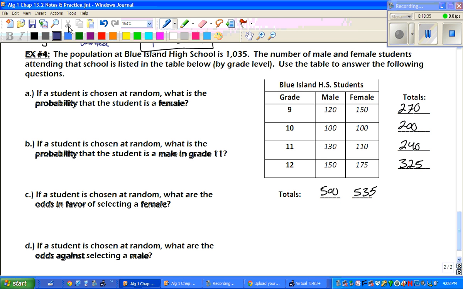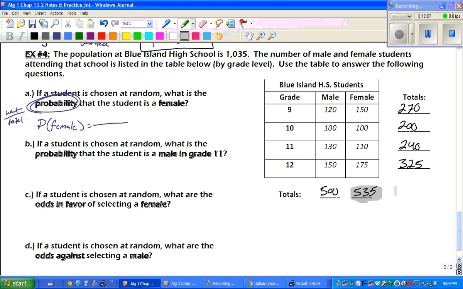Okay, that's what you should have gotten. So, question A. If a student is chosen at random, what is the probability that the student is a female? Okay, so we're talking probability of getting the female. Now, probability is your want over the total.